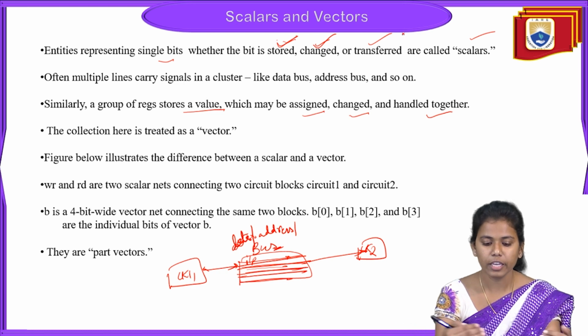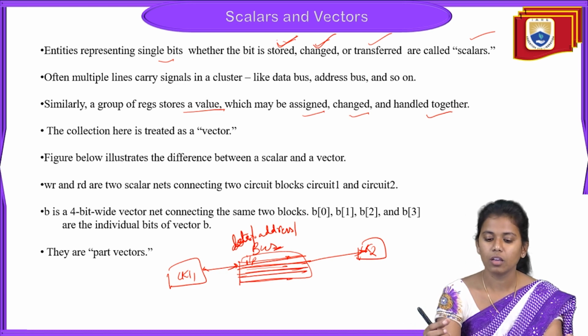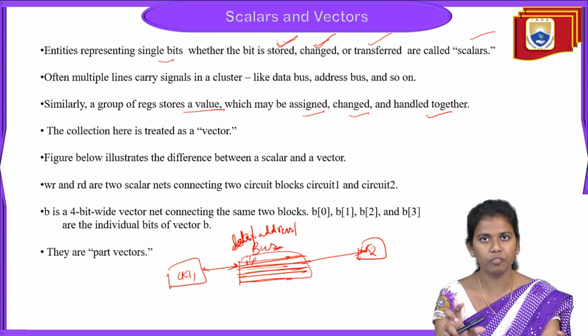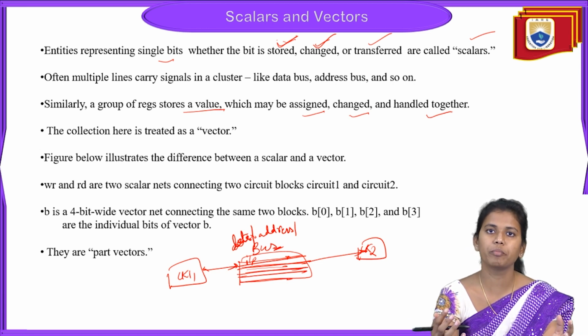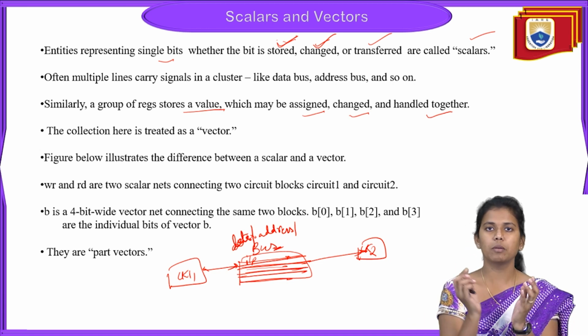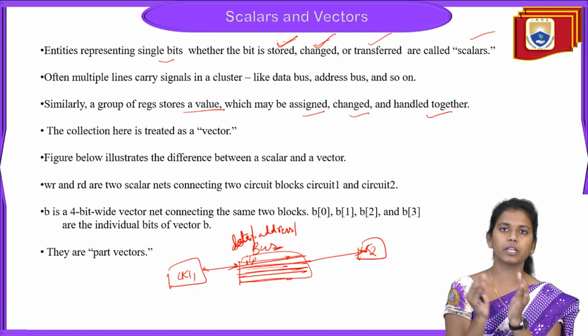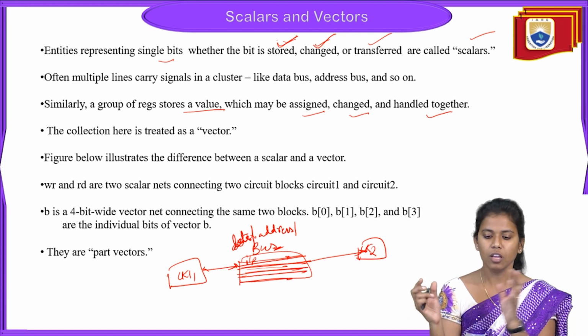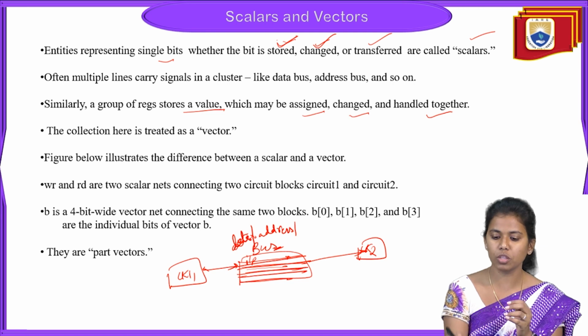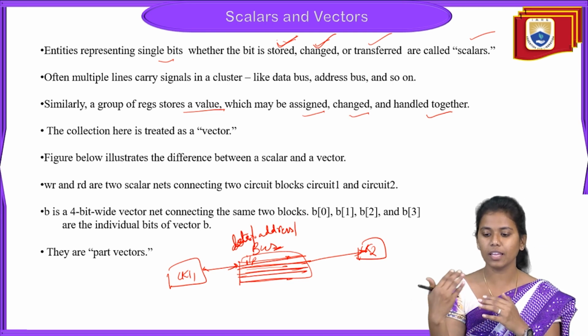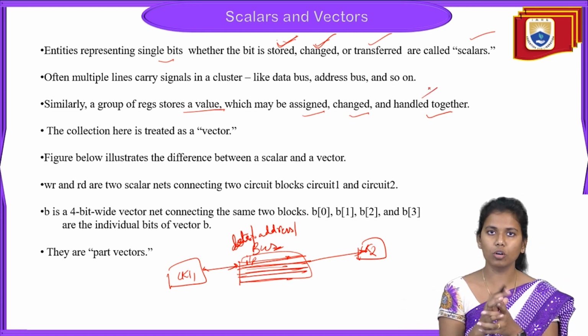Likewise, even though a register has many elements, pertaining to register 1, register 2, register 3, the group of registers stores the values, and they can be changed, assigned and handled all together.